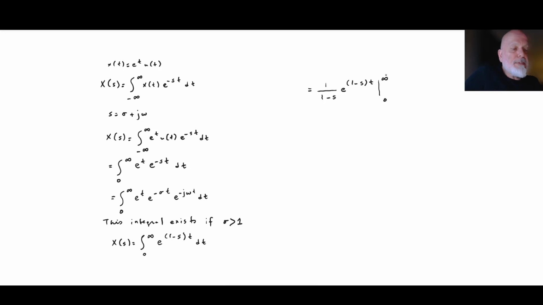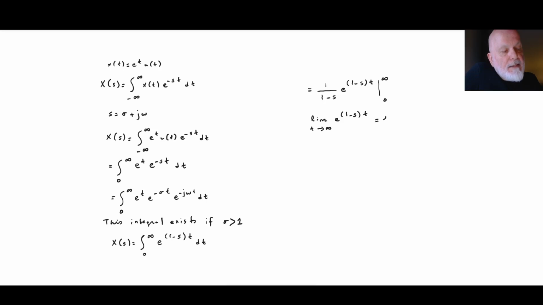Now, what happens when t tends to infinity? Okay, let us look at the term as t tends to infinity, e to the 1 minus s t.